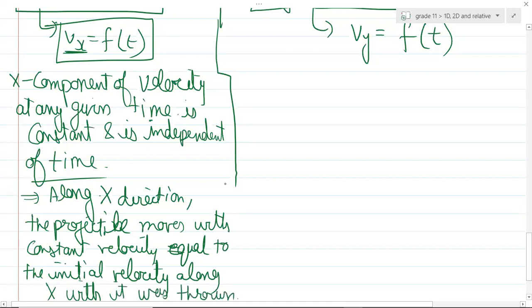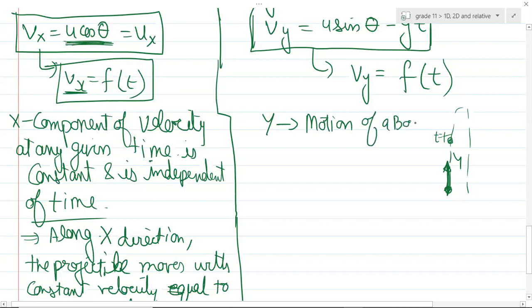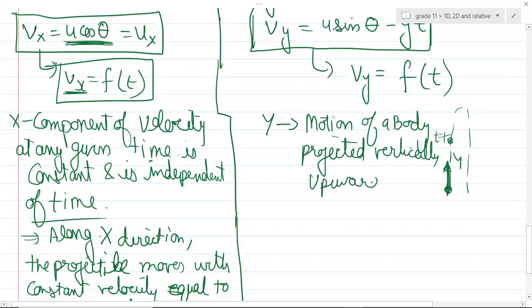So this is the physical interpretation of the result along the y direction. Can you see the y direction is basically following the laws of motion under gravity. When you throw an object in the vertical direction with a speed u and it goes like this, at any general point, it is following the same relation. So y is just the motion of a body projected vertically upwards. How do you know it is behaving like that?